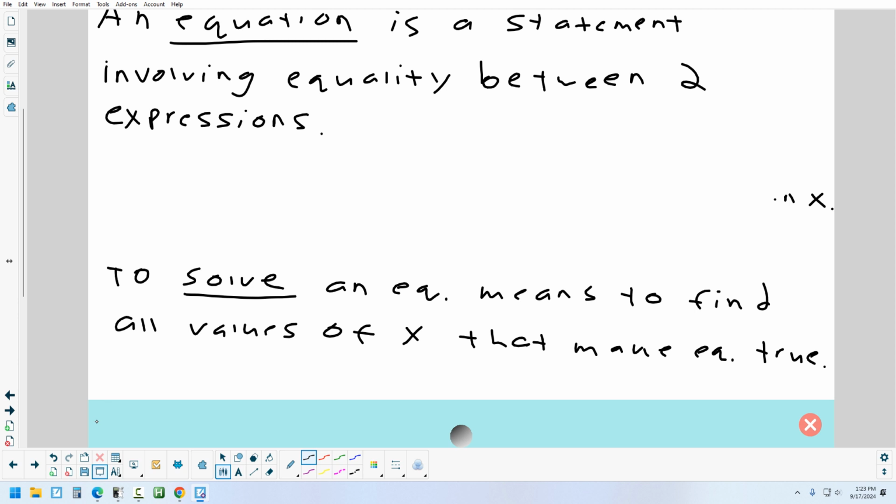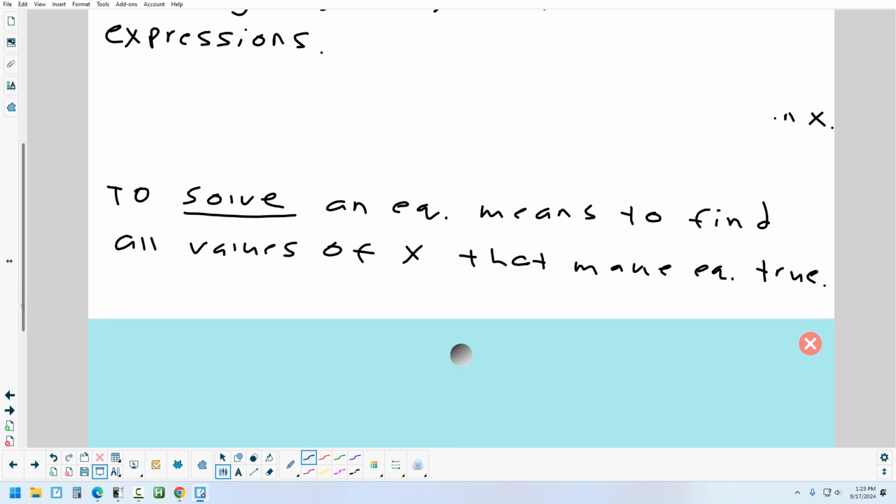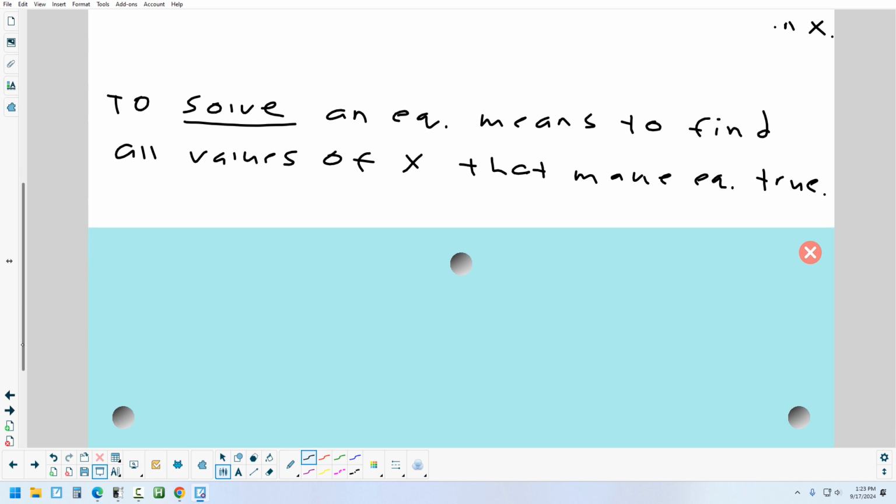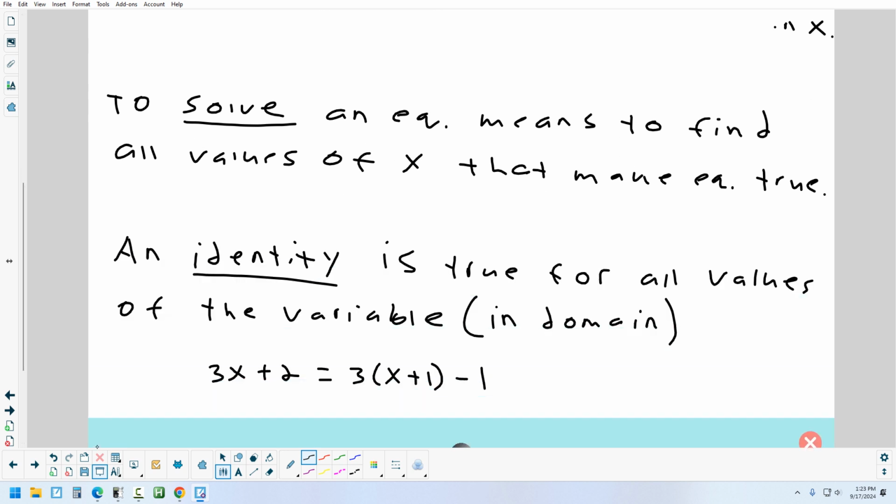Now, some equations, when you solve them, they're always true. Like you can't find a number that would make it false. This equation right here is called an identity. I don't care what number you plug in for x, 2, 6, -3, any number would work. Does anybody see why this is an identity?